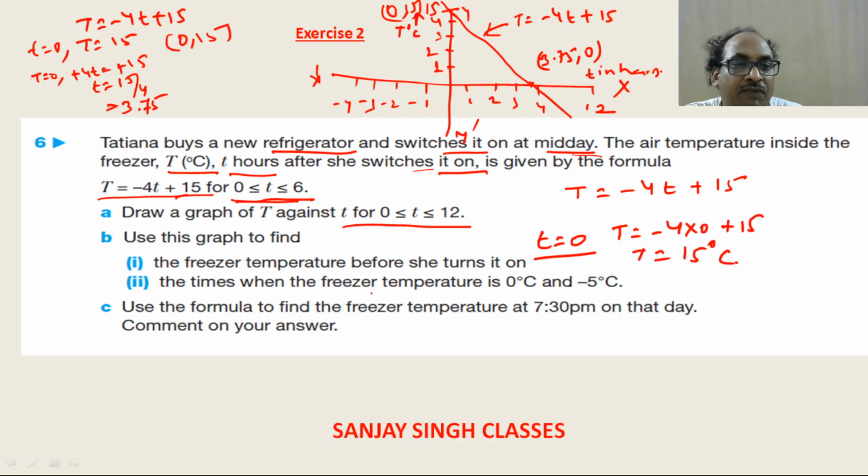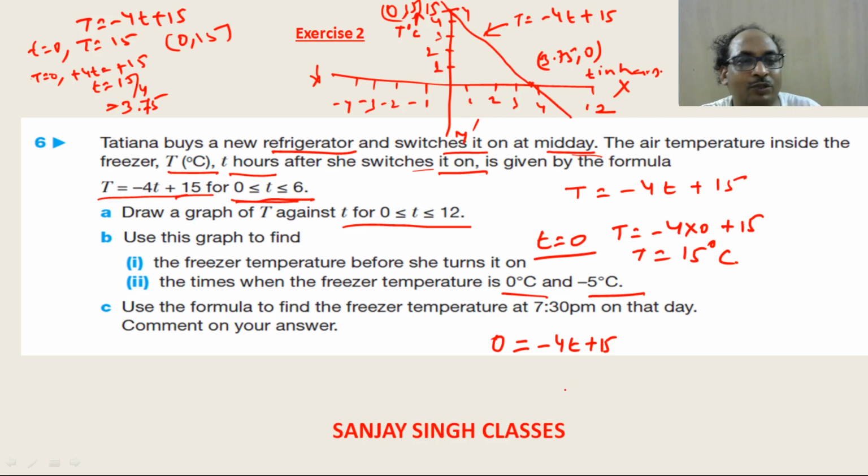The time when the freezer temperature is 0 degree centigrade and minus 5 degree centigrade. So we need to find two times, when the freezer temperature is 0 degree centigrade and when it is at minus 5 degree centigrade. So we will put the value T is equal to 0 in minus 4t plus 15.